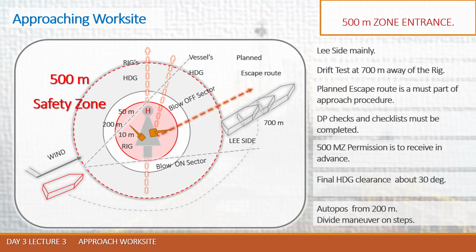For example, if a rig has a 0-degree heading and we are proceeding from the starboard side, then our final heading will be no less than 30 degrees. Then, when we reach the 200-meter zone and stabilize the vessel, we transfer control to auto position and divide the maneuver into steps. About that on the next slide.